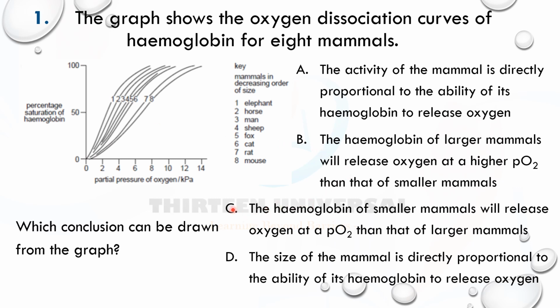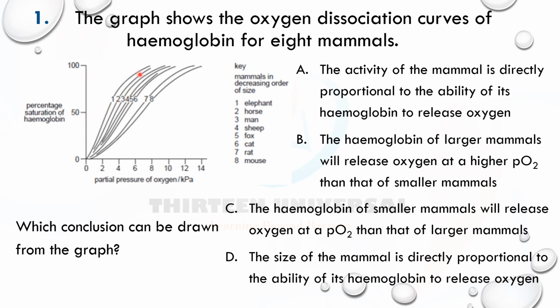The hemoglobin of smaller mammals will release oxygen at a higher partial pressure of oxygen than that of larger mammals. This is a type of error, the same thing with the terms swapped. The hemoglobin of smaller mammals will release oxygen at a higher percentage saturation, because if you look at 6, 8 is more likely to release oxygen here, while 1 is almost saturated.